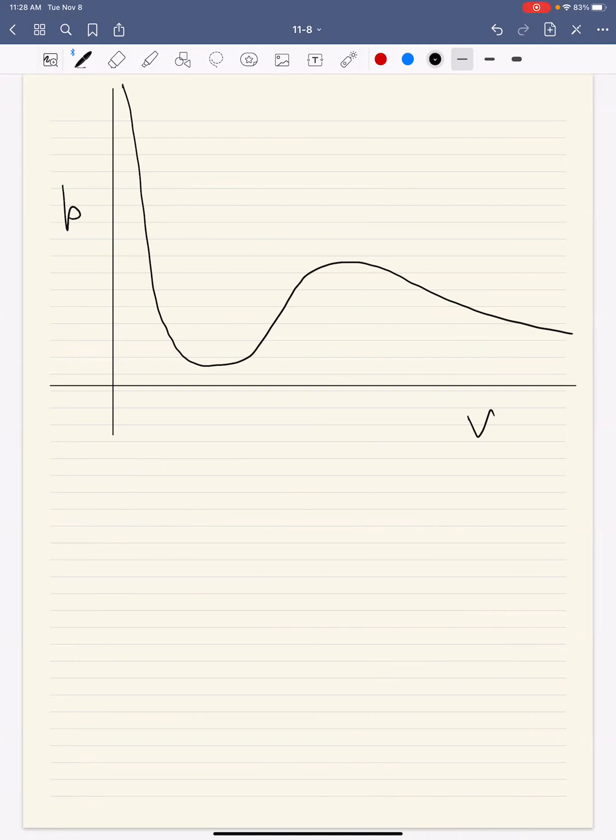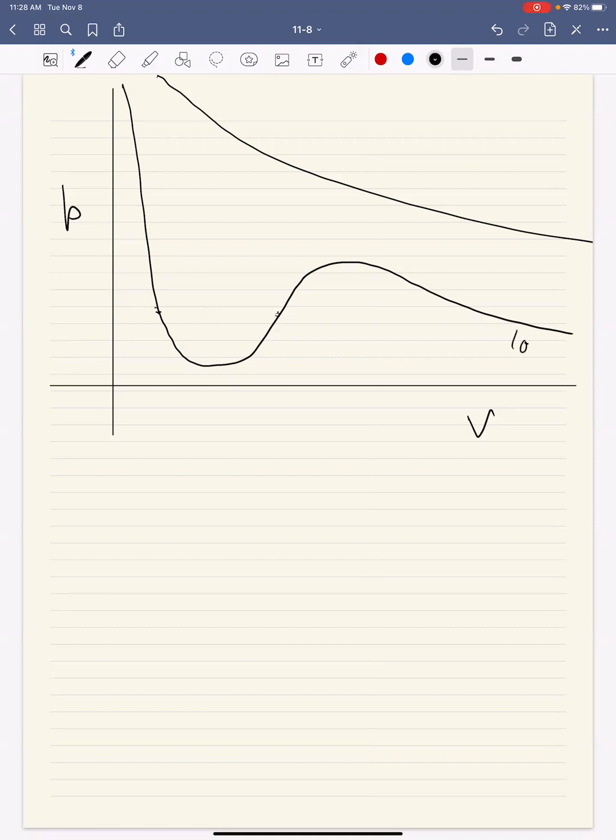In reality, there is a straight line connecting this point to this point, but I'm going to ignore that for now. As you increase the temperature, as you go to very high temperature, it's going to look like this. So what happens in the middle?